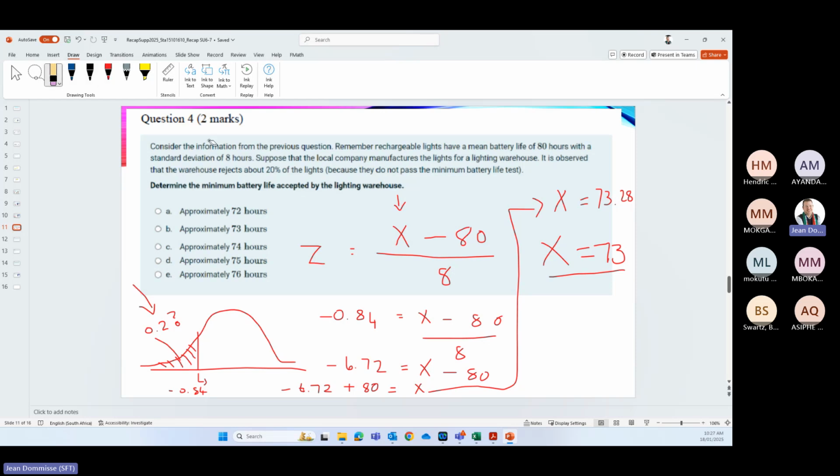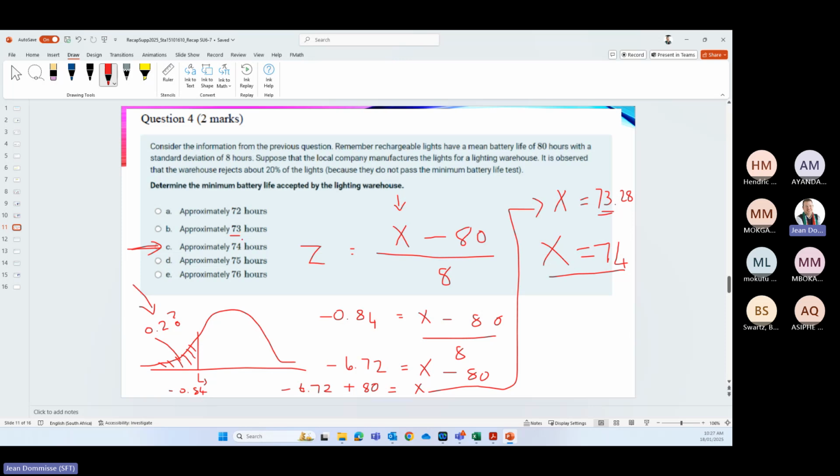So I would actually have gotten to say the minimum would be 74. So I would have gone for the minimum is option C, because if it is 73, it is still rejected, because up until 73.28, I'm rejecting it.